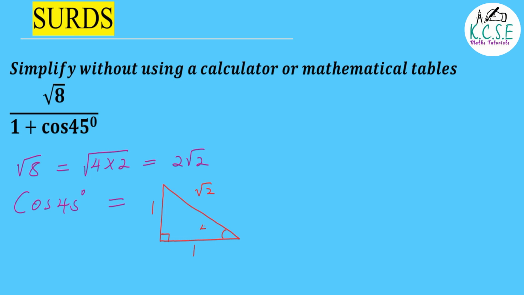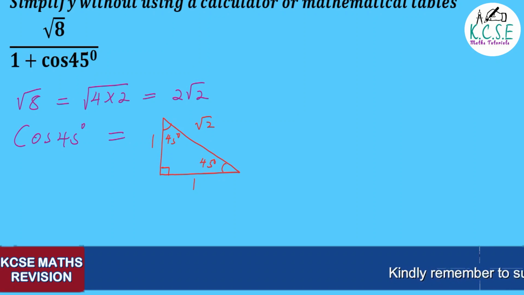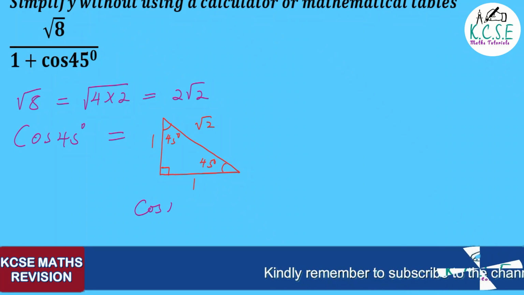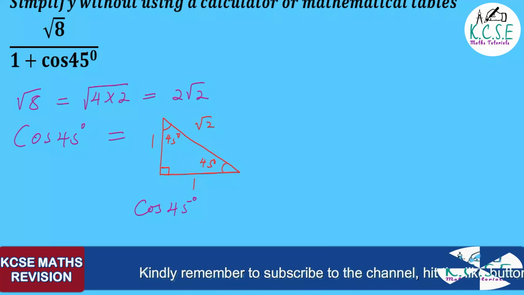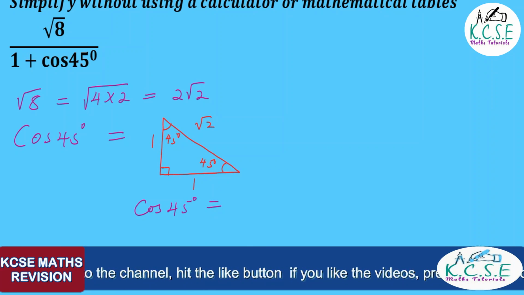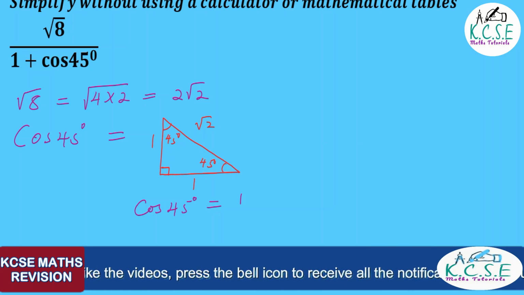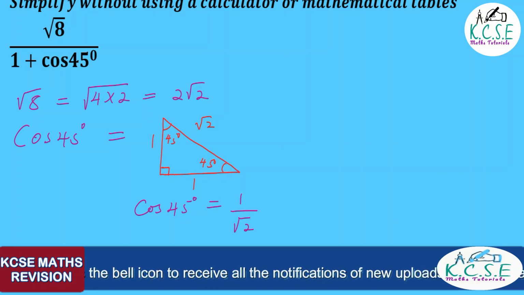This angle will be given by 45 degrees. This one will be given by 45 degrees. So this is what we're going to use to get the expression for cosine of 45. From this triangle, cosine of 45 degrees will be given by, we can use any of these two angles, adjacent over hypotenuse, which is 1 over root of 2.